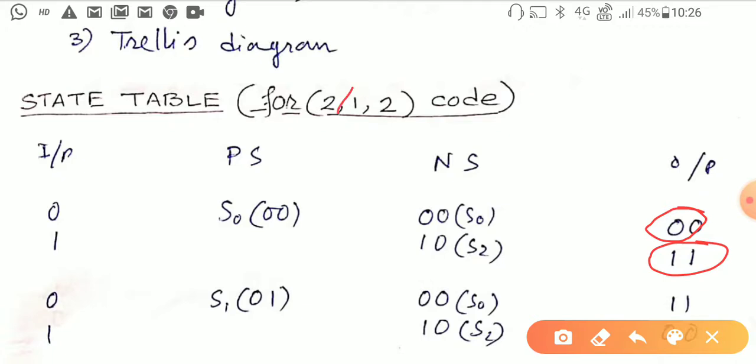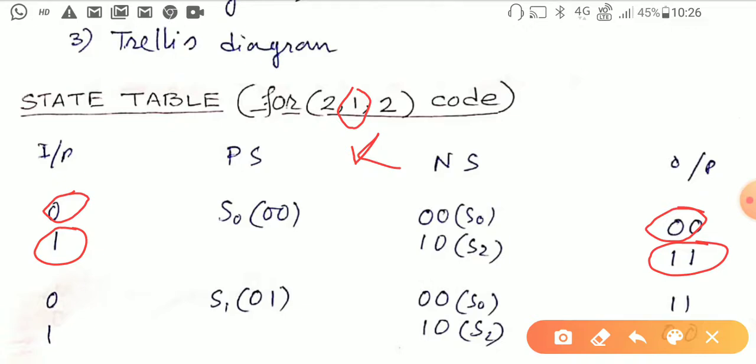Now the 1 represents the number of input lines, which is defined by k. That means a single bit of data is used as the input for this convolution code diagram, and the input can be a single binary digit, either 0 or 1.